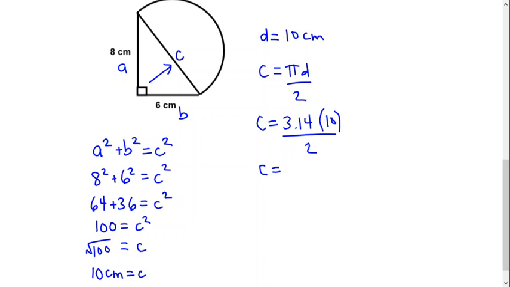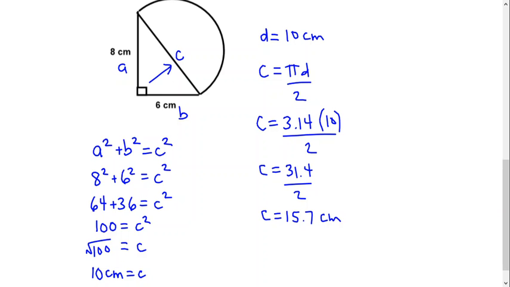I'm going to go ahead and simplify my numerator. 3.14 times 10 is 31.4, and then I'm going to divide this by 2. So 31.4 divided by 2 is 15.7, and my units are centimeters.